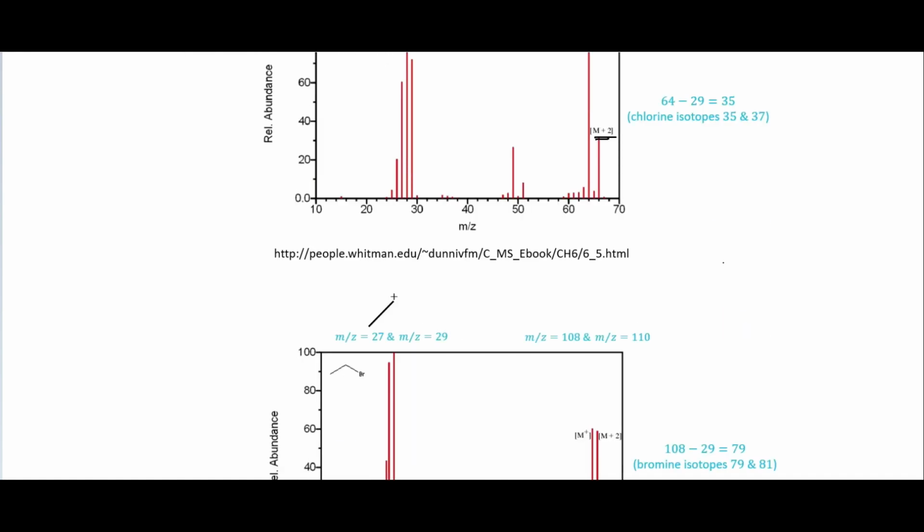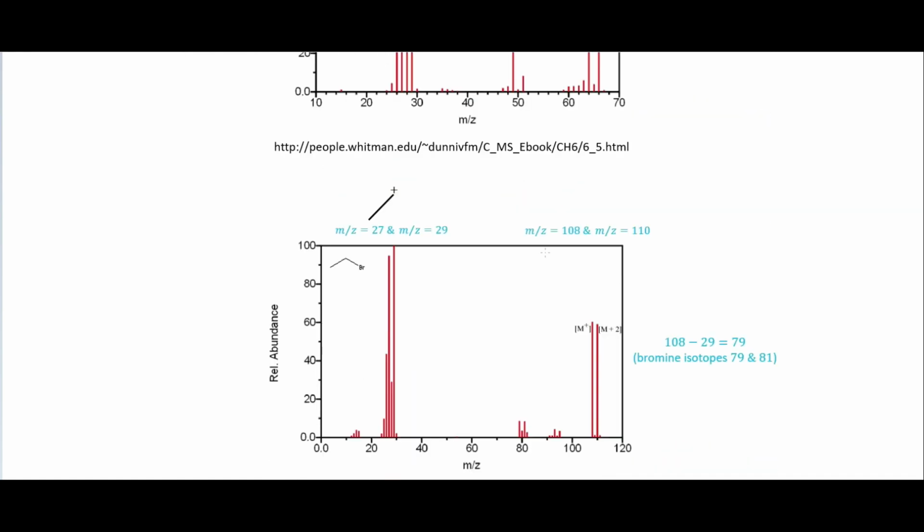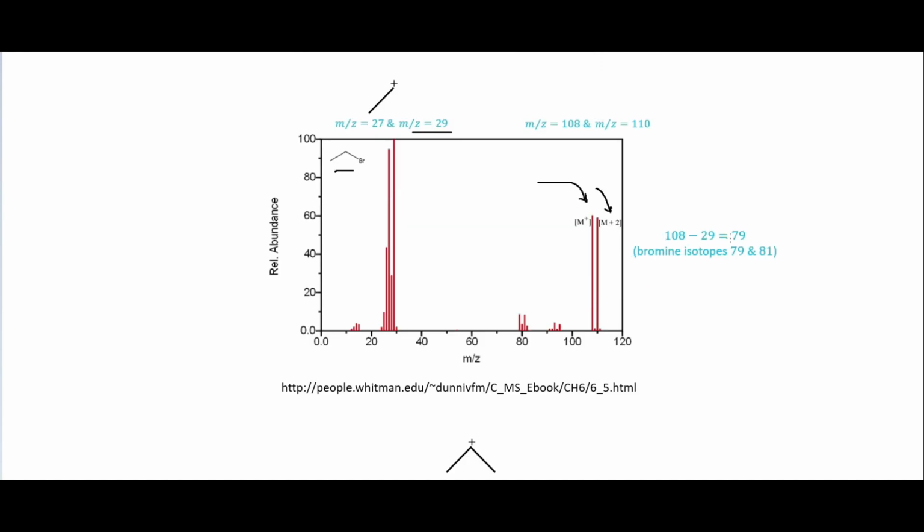And so then if we look at this with bromine, we have ethyl bromide here. Again, we have our m/z of 29 right here. And right here we have our molecular ion and then our M+2 right here, and those are right about the same size. Seeing two peaks like that is going to tell you that there is probably a bromine in your molecule.